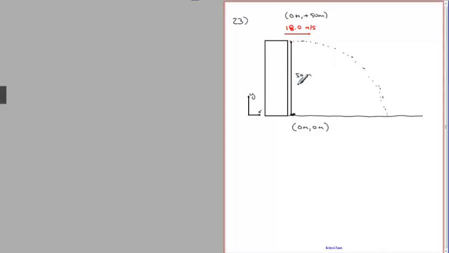Okay, second question, what are the components of the initial velocity? Well, the components of the initial velocity, so let's just write this is B. Sorry about that. So this is part B. This is part A right here, coordinates. So the initial velocity just has a horizontal component.